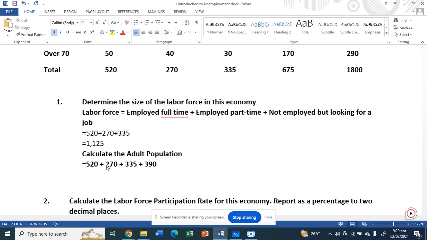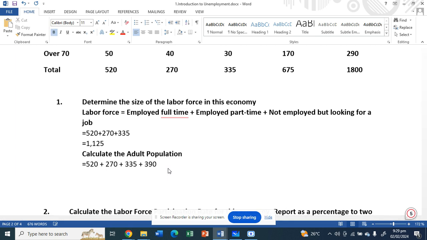Basically, the discouraged workers. 520 plus 270 plus 335 plus 390 get 1515. So this is the adult population within this economy.